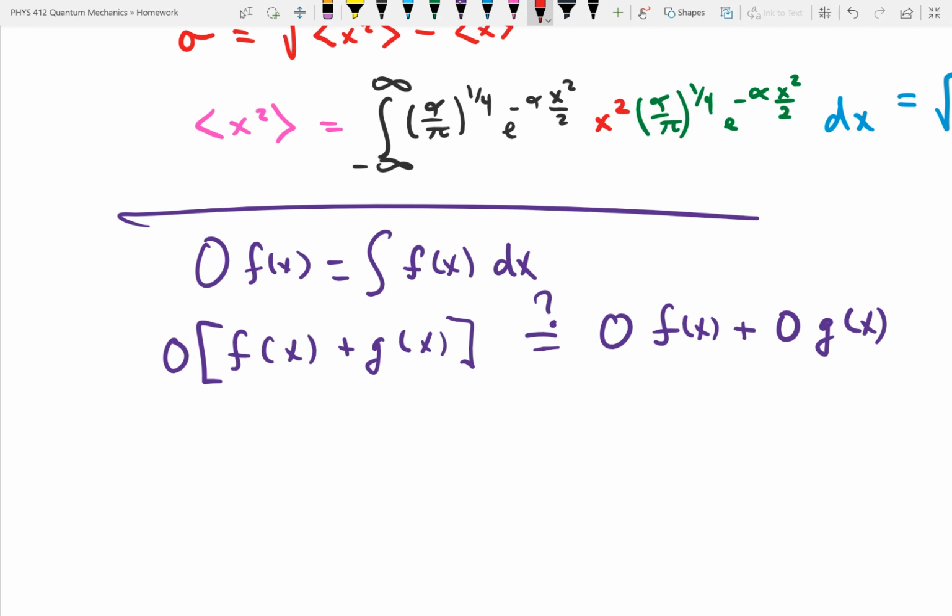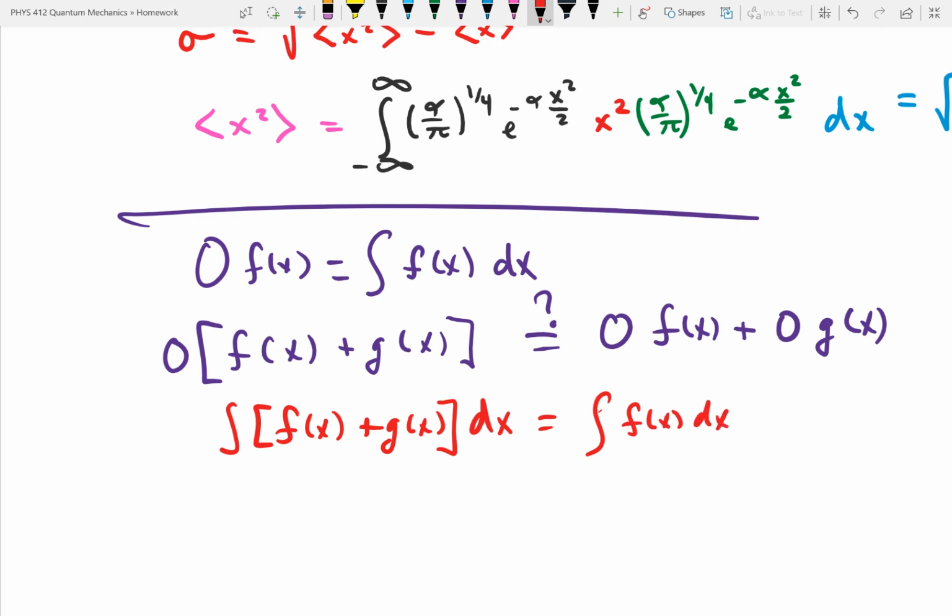If I do the left side, there I've done the substitution, right? But with integrals, you can always separate this into two separate integrals. And that's exactly what you would have. And so it passes that test.